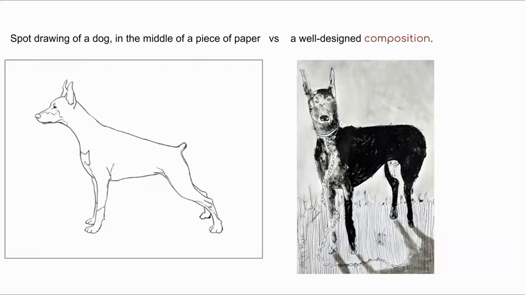There's the grass and there's the shadow on the grass. And the artist has made choices in terms of, okay, I want the dog's ears to go that close to the edge of the format, or I want the shadow to extend right off the format, or I want the grass to come up about one third vertically up the format.